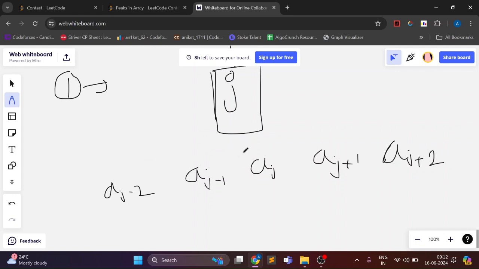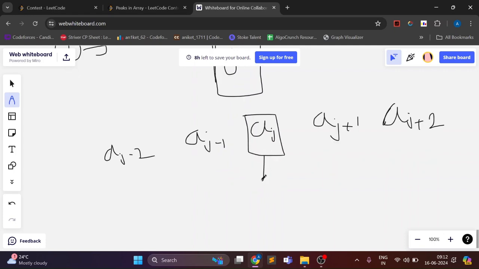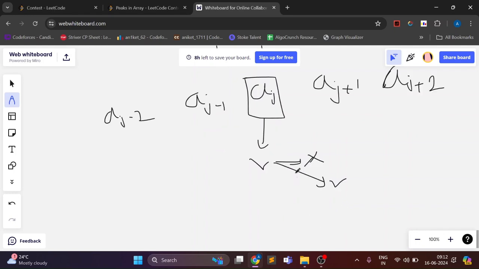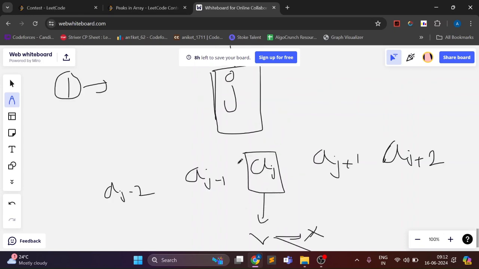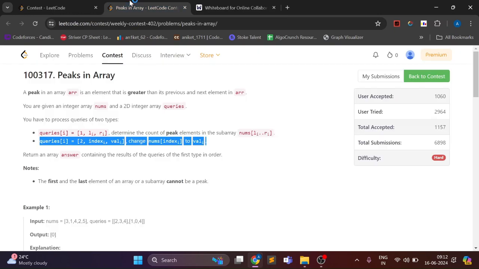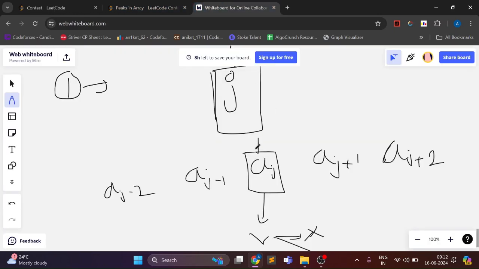Changing a of j means that if it was previously a peak, it either would not remain a peak after updating, or it will remain a peak. So there is always a possible change in its property of being a peak or not for a of j.